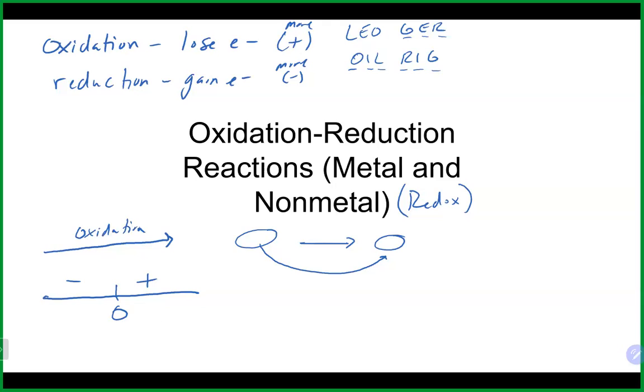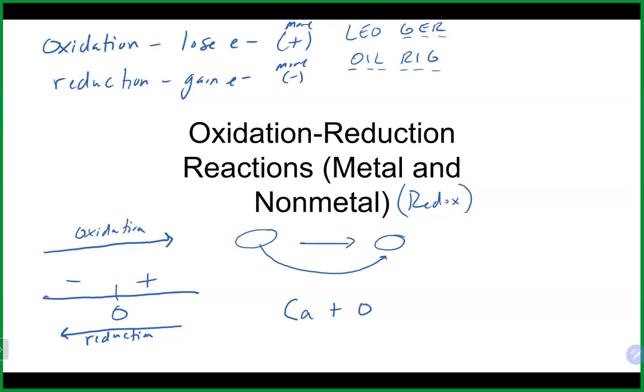If the charge or oxidation state is becoming more negative, moving in this direction on the number line, that substance is going through reduction.